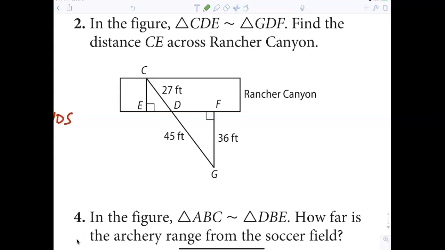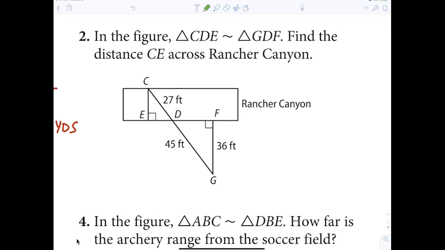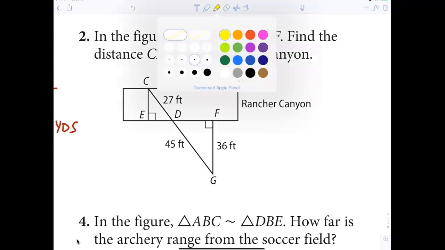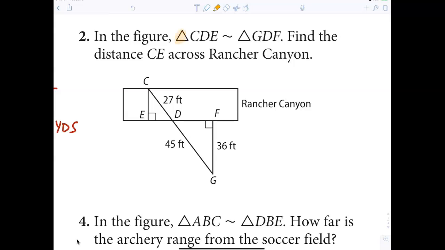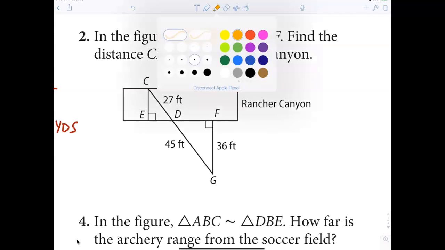So now up here, they're telling me something about this. Somebody, what does that symbol mean right there? Say it. Triangle. That's all it means. Triangle what? CDE. Triangle CDE. Now over here, I'm going to highlight something.